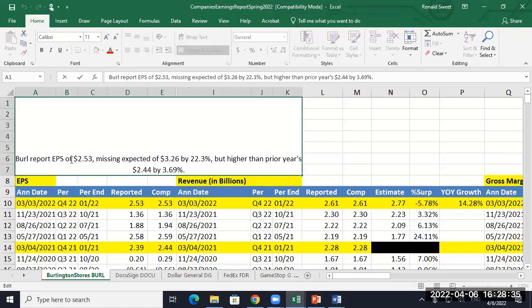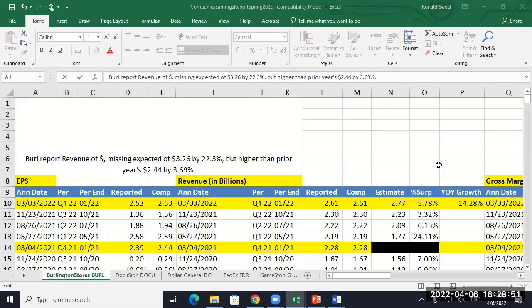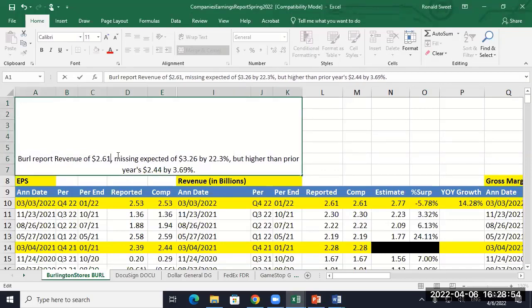When we go to the revenue, reported revenue of $2.61 billion, missing expected 2.77 billion, 5.78%, higher than prior years, 0.28 billion, 14.28%.